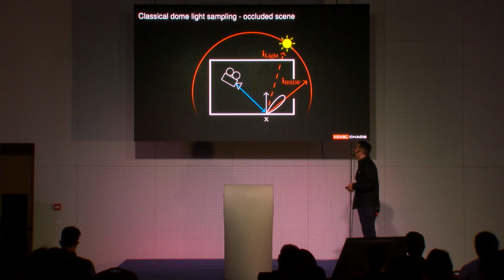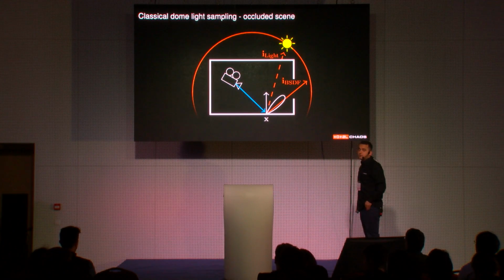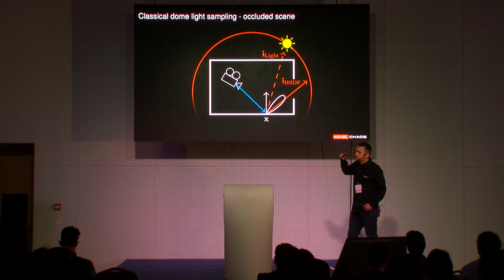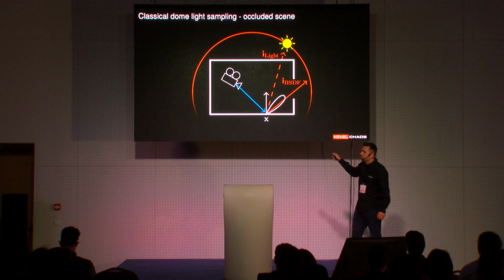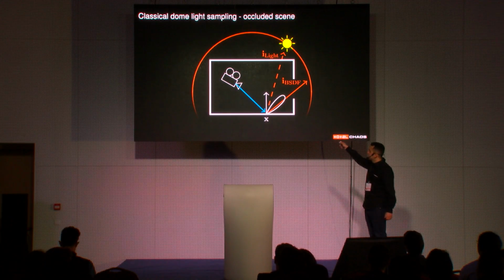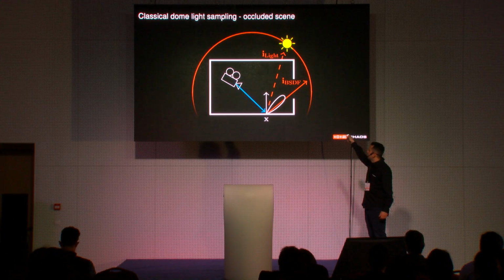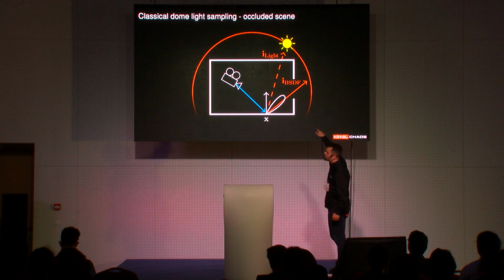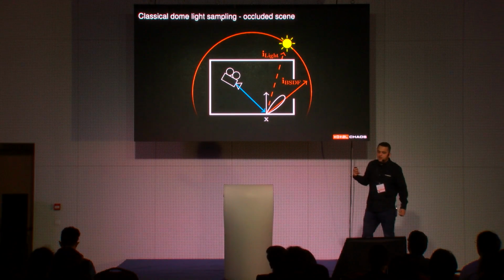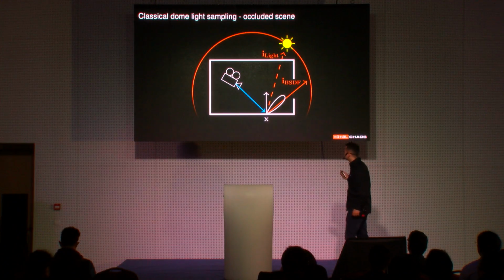Okay. So what is the problem with the classical approach with the dome light? It is usually the case when the scene is very occluded. Here, this is our scene, but now I have drawn a simple room, and there is just one window from which light can pass from the environment.